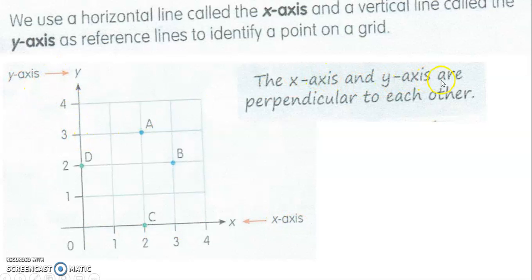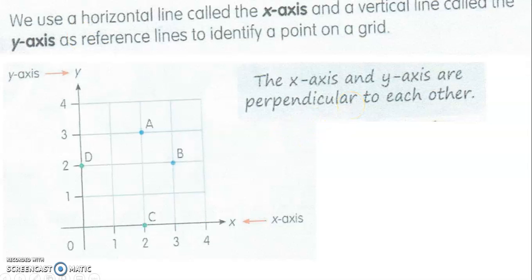The x-axis and the y-axis are perpendicular to each other. Perpendicular means they form a right angle. So this is the y-axis, this is the x-axis. When they come together, they form a right angle, so we say they are perpendicular.